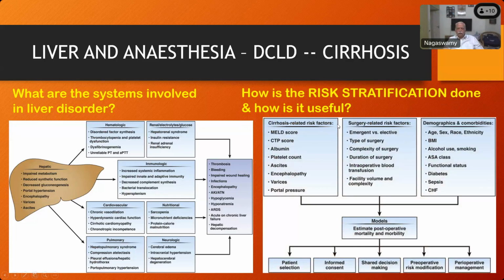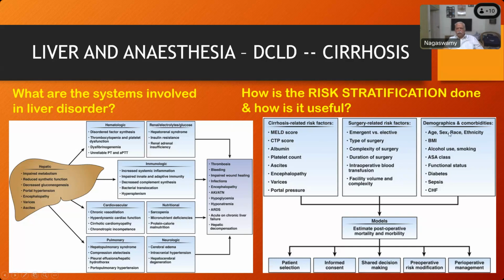So for cirrhosis, if the patient is diagnosed as a frank cirrhotic patient, you have the MELD score, you have the CTP scoring, Child-Pugh score, albumin score, platelet count, ascites, encephalopathy, varices, portal pressure. These are all the things which you take into account. And surgery-related risk, you can say emergency versus elective, type of surgery, complex nature of the surgery, duration, intraoperative blood transfusion or blood loss that is likely to occur, facility for volume and complexity management.